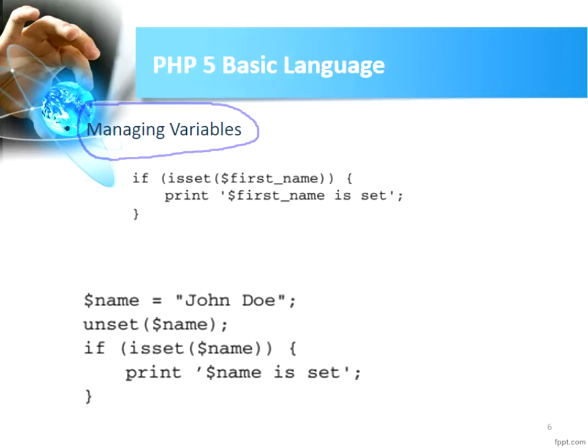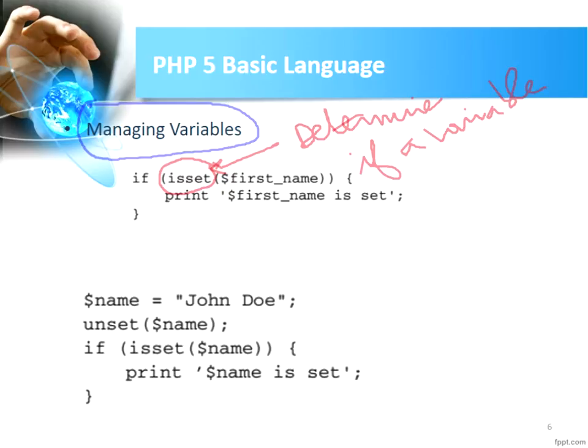The first function is isset. This is a predefined function, and this function determines if a variable is set and is not null.